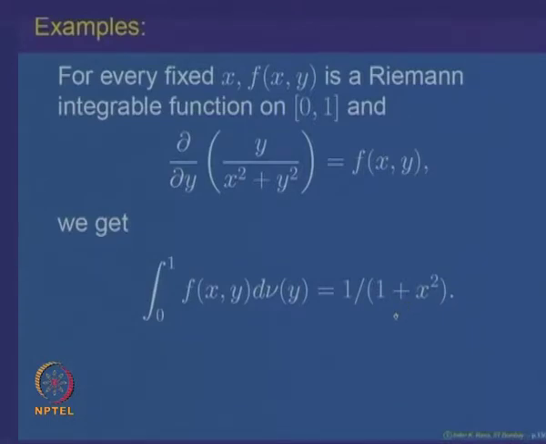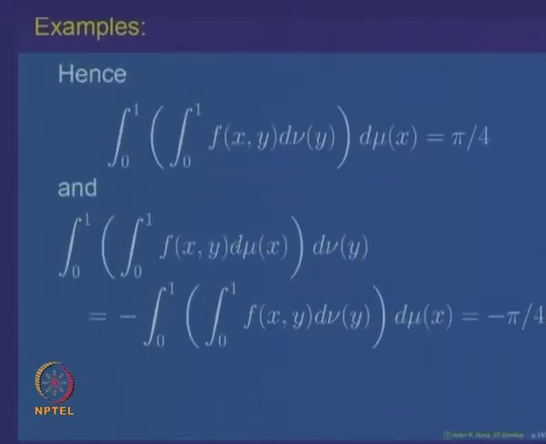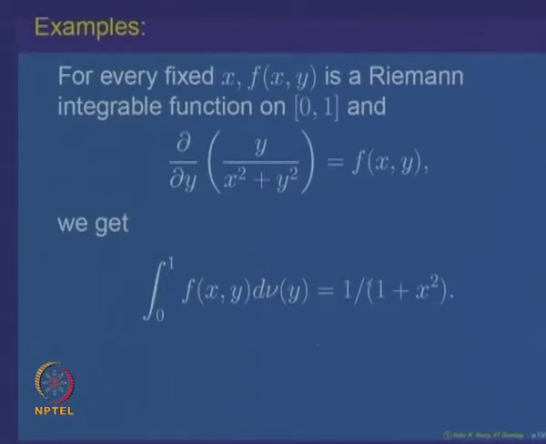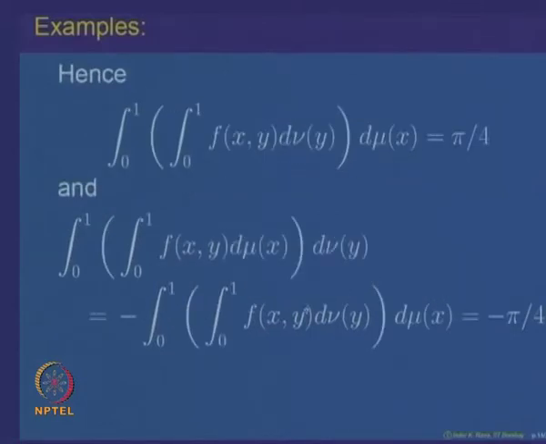And now we want to integrate with respect to x. So, integrate this with respect to x, and we know how to integrate the function 1 over 1 plus x square by trigonometric substitutions. So, I leave it for you to verify that the integral of 1 over 1 plus x square between 0 to 1 is equal to pi by 4.